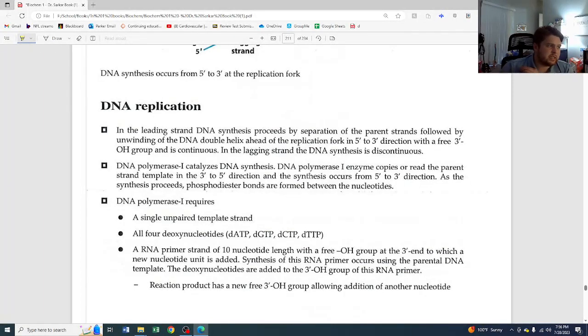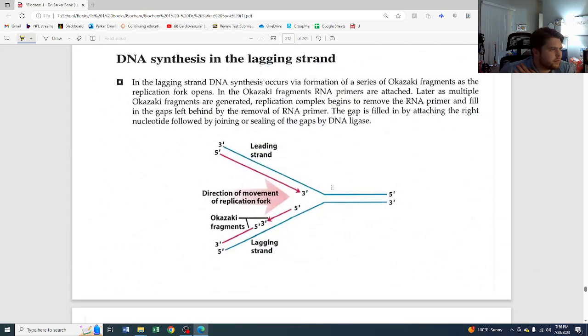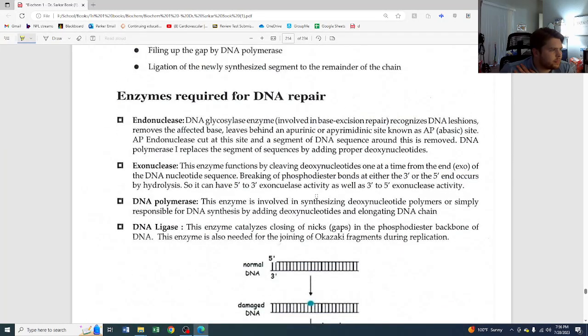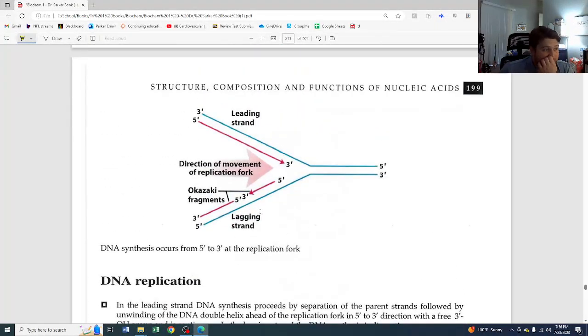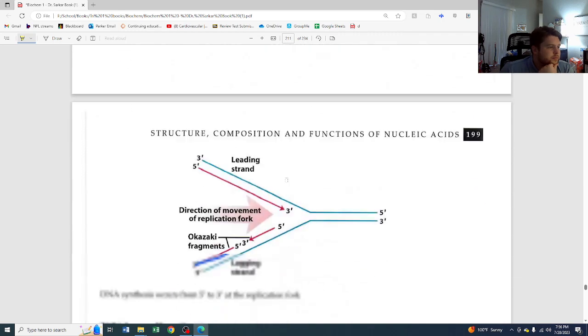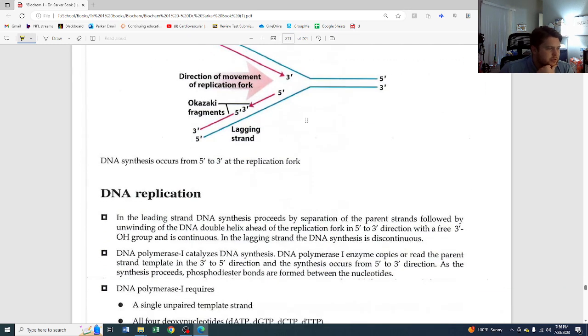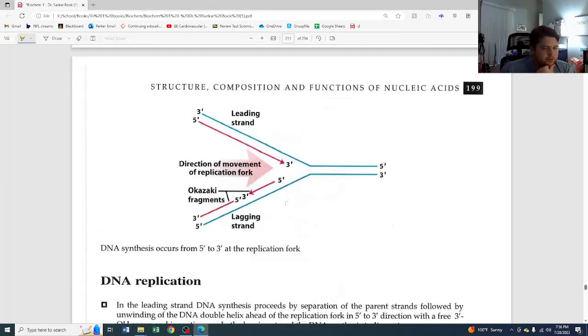So DNA replication. Let me see if I can find this. It doesn't go into a lot, but I know that in NBCE we talk a little bit more about this. If you don't quite remember a lot of this process, I would recommend looking up a quick YouTube video about the replication of DNA.